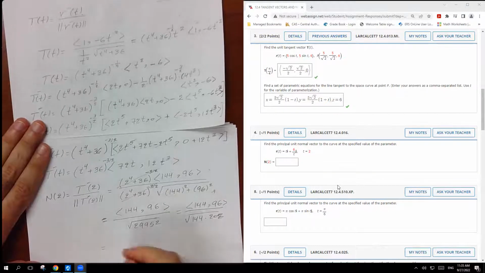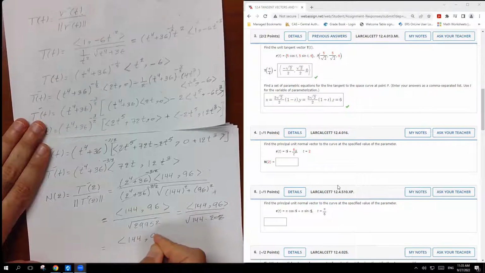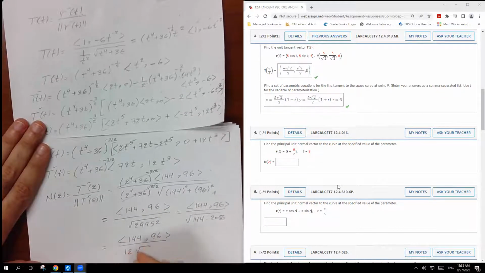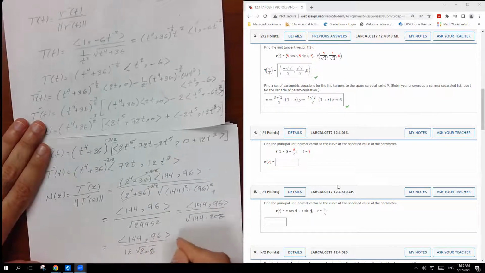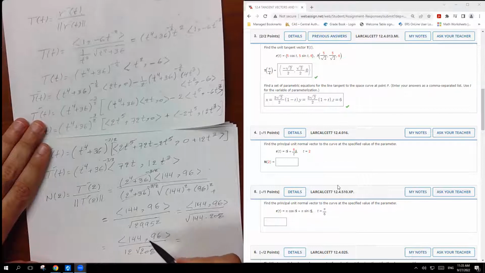So the final result is going to be 144 and 96 over 12 square root of 208. In this case, we can simplify it. 144 divided by 12 and square root.